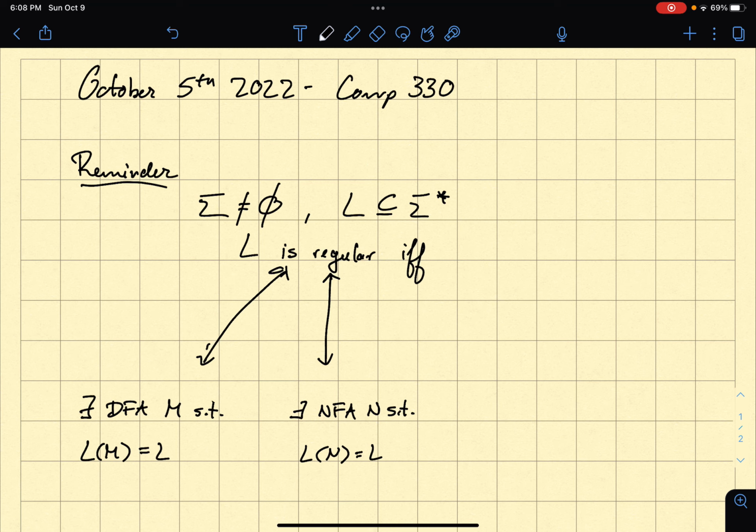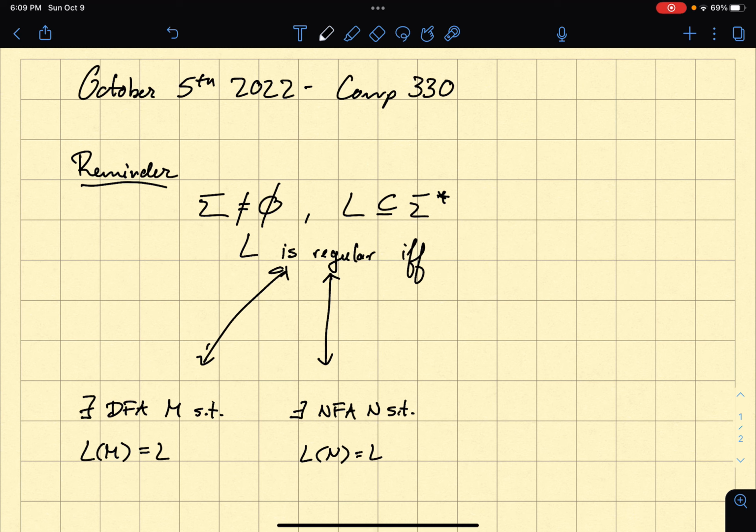You'll remember the reason this is true is that there's a correspondence, I won't say exactly one-to-one, between DFAs and NFAs, where a DFA is actually just an NFA that doesn't use non-determinism, and we can take any NFA and convert it to a DFA. So the family of languages accepted by NFAs is exactly the same as the family of languages accepted by DFAs, right?